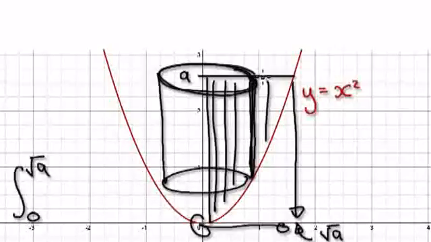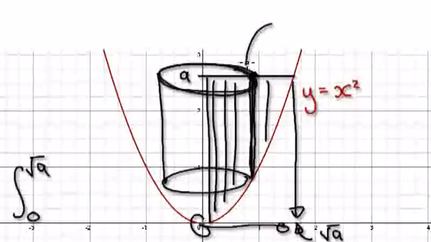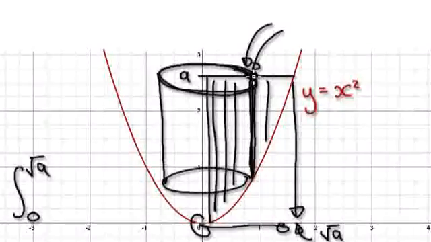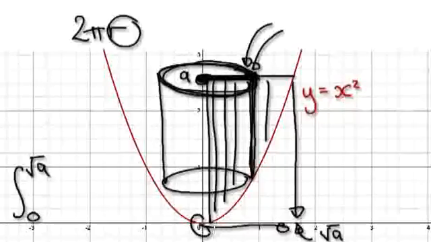Then we need to work out the volume of this one particular cylinder. The distance all the way around would be 2 pi r. The radius of this cylinder is really x, because we are moving along here.